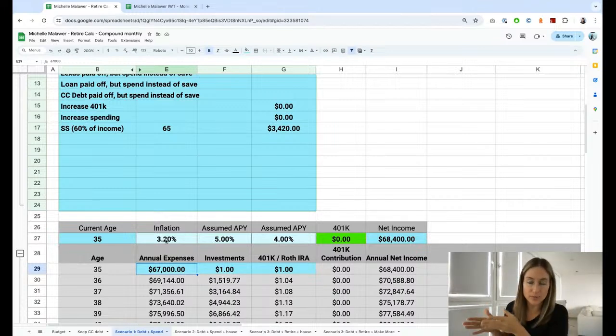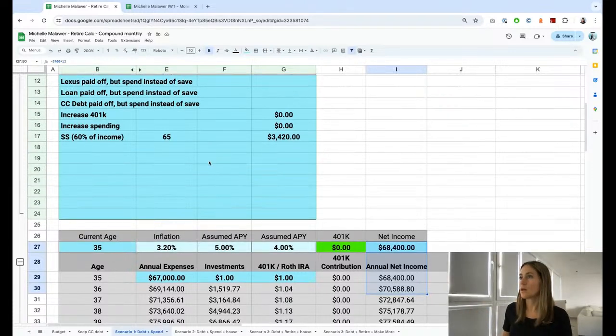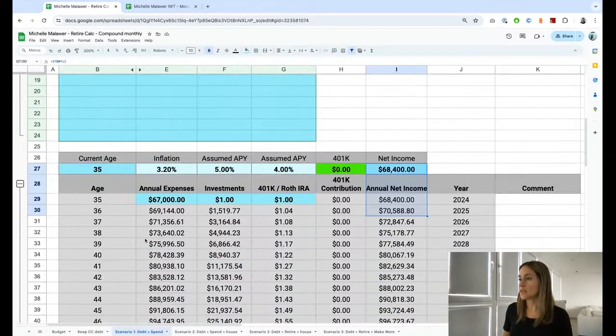In this scenario, that's what I'm modeling, but in real life, it might be less, it might be more. But in this scenario, we're just modeling that all expenses increase with a 3.2% inflation. And net income also increases at exactly that same rate. Again, this is just for example.